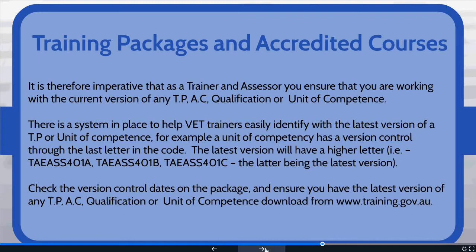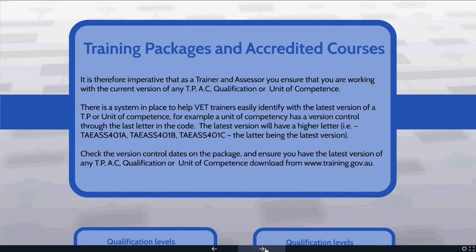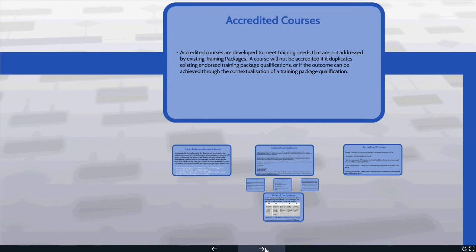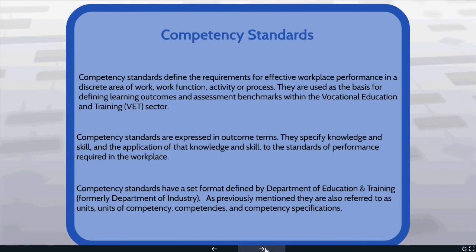As you can see on this screen, we have TAEDES401A, which was the first version. Then we had 401B, which was the second version. And now we actually have a 401C, which is the latest and last version for that qualification.